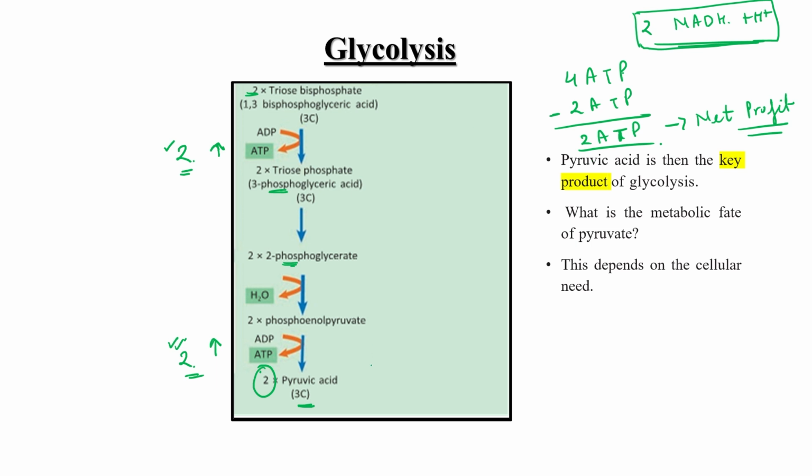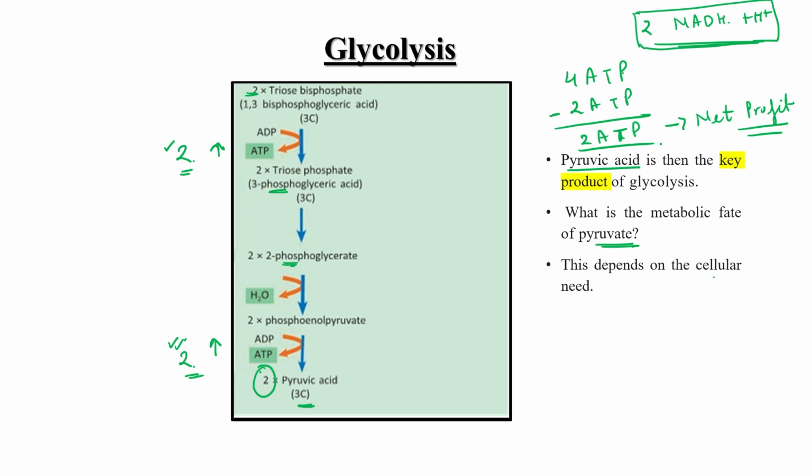And what is the last product of glycolysis? This is pyruvic acid. So pyruvic acid is the key product of glycolysis. Now the question arises, what is the metabolic fate of pyruvate? It actually depends upon the cellular need, whether the next type of reaction is in the presence or absence of oxygen.